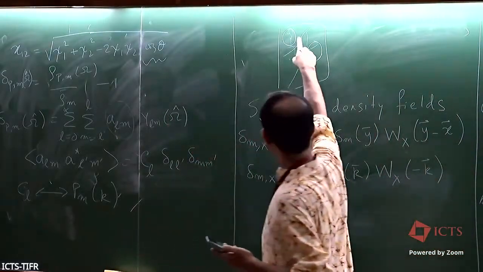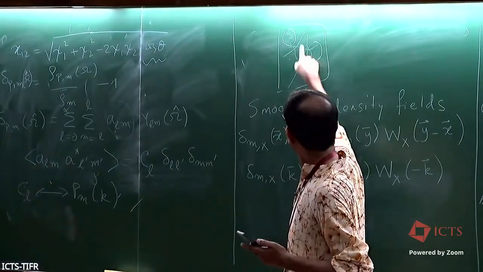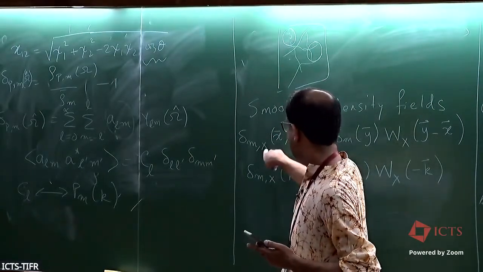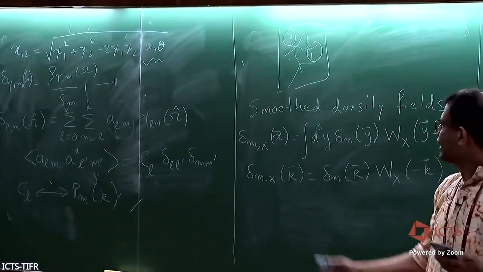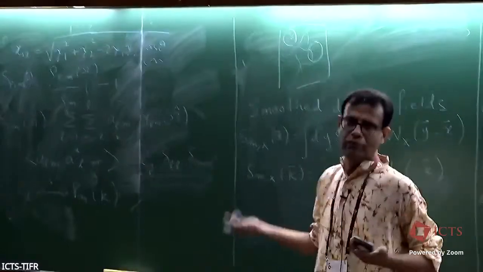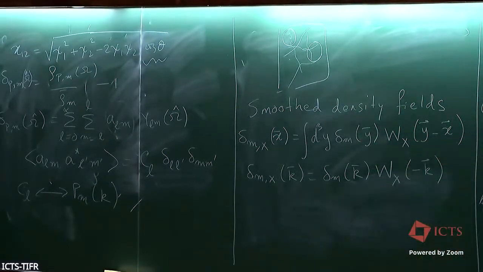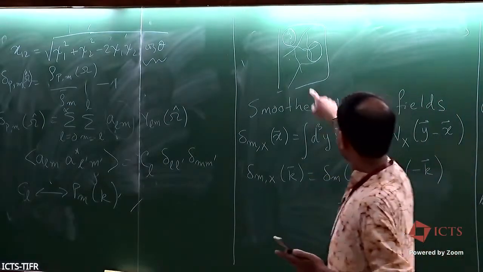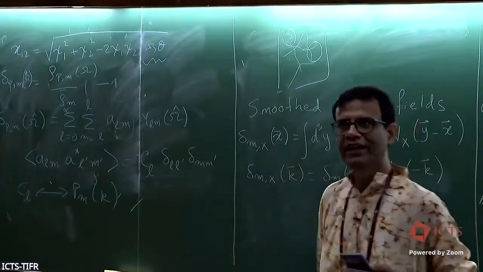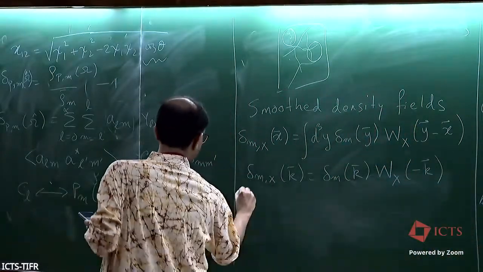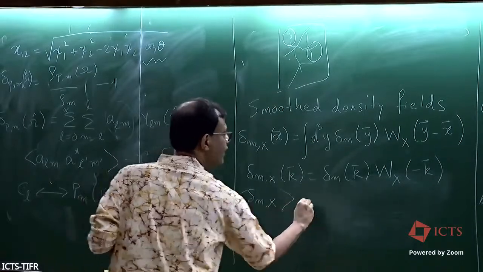Now, again, remember what I have done is I have gone to a point x and done some smoothing over some scale capital X. And I will get some value. Depending on the size of the window function, it will have some value. But if I go to this point in different realizations, put the same filter and do it again and again, one thing is clear: the ensemble average of this quantity will be 0.